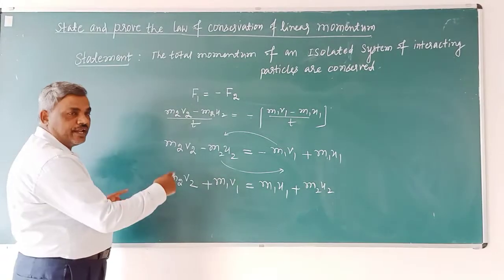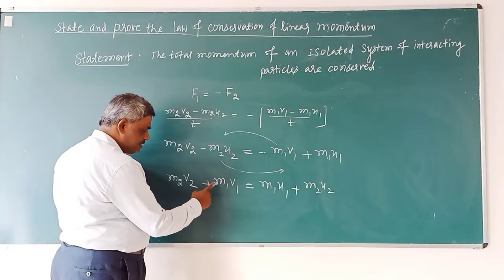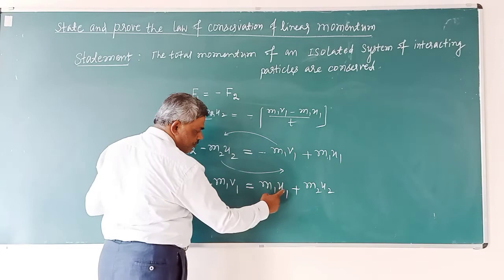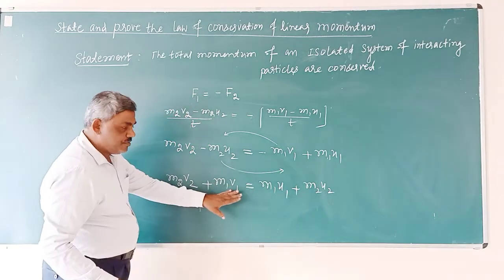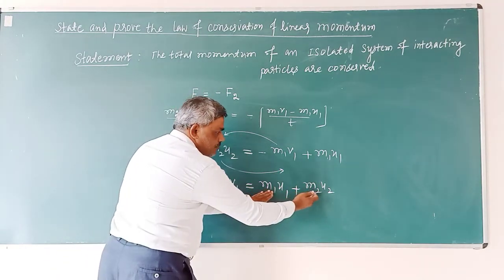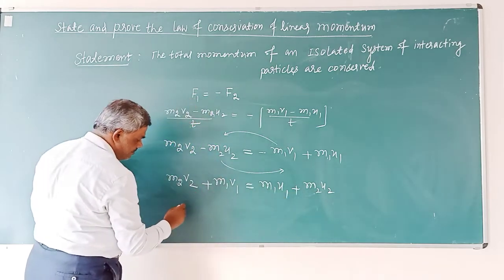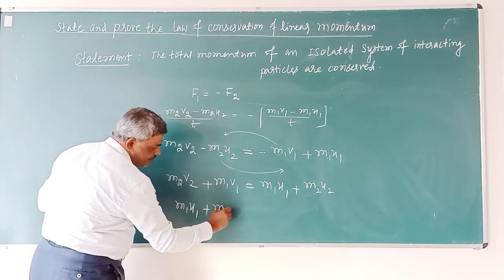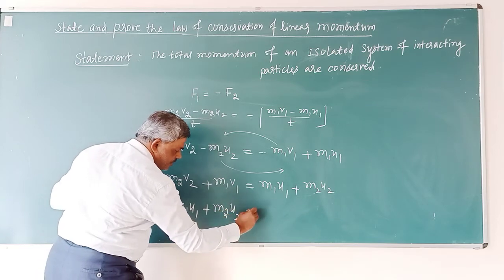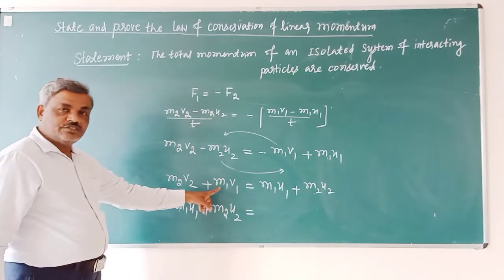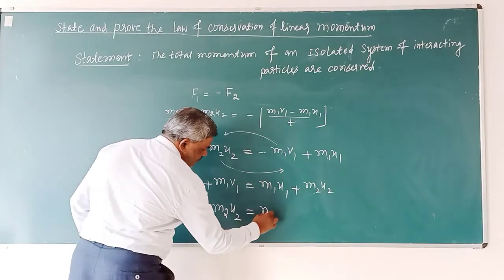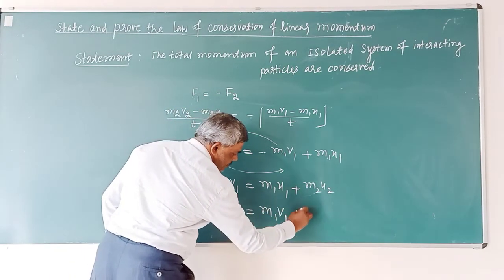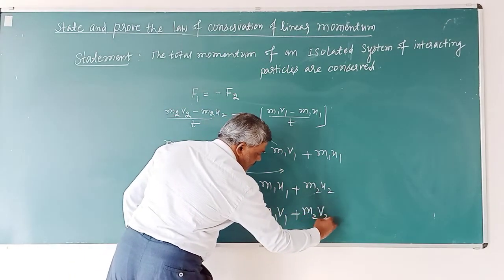So this equation is written as m2 v2 plus m1 v1 equals m1 u1 plus m2 u2. Written the other way: m1 u1 plus m2 u2 equals m1 v1 plus m2 v2.